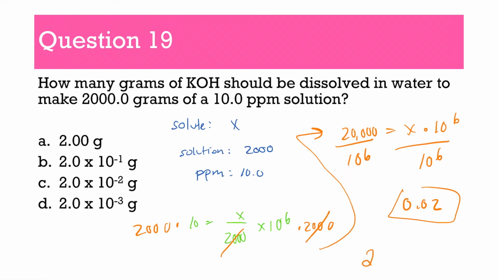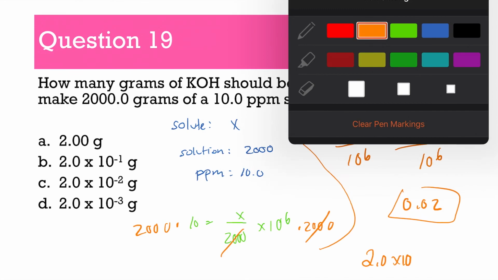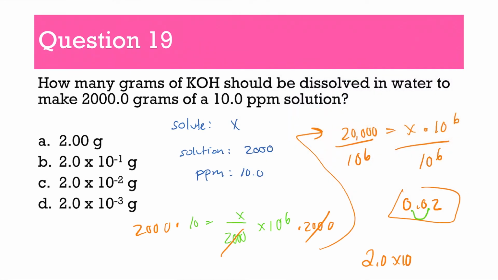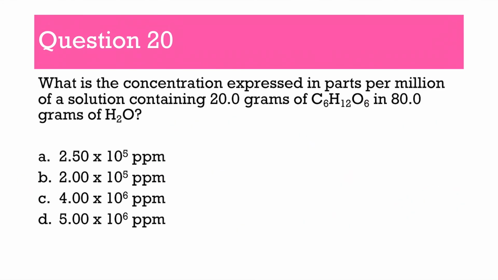And so we need to convert this to scientific notation. It's going to be 2 times 10. And again, if you have a negative exponent, that means you have a decimal. But we moved it 2 spots, so negative 2. So 2 times 10 to the negative 2, you're moving that decimal point 1 spot, 2 spots, to get answer choice C.